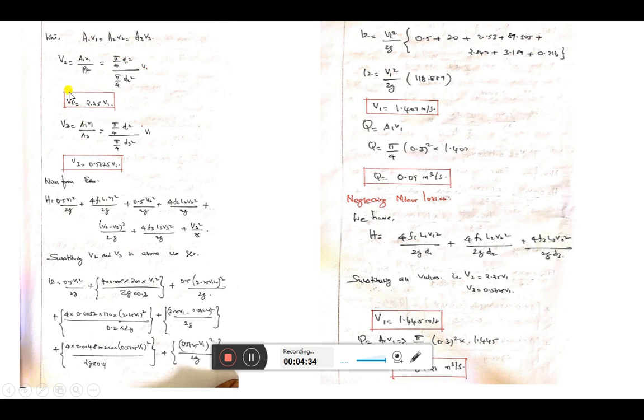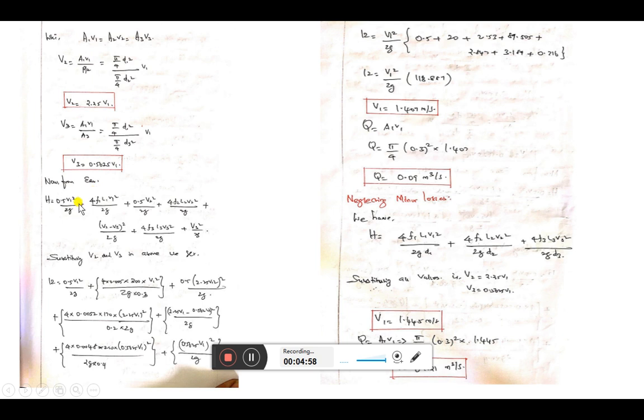So we have V2 in terms of V1. Then taking the second two equations, A2 V2 and A3 V3, we find V3 in terms of V1. So we are substituting V2 and V3 in terms of V1.